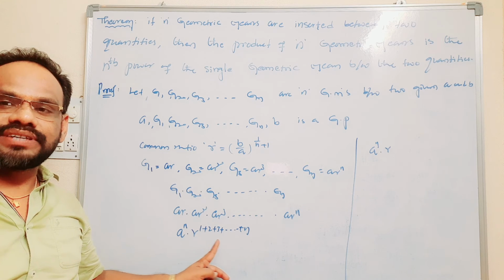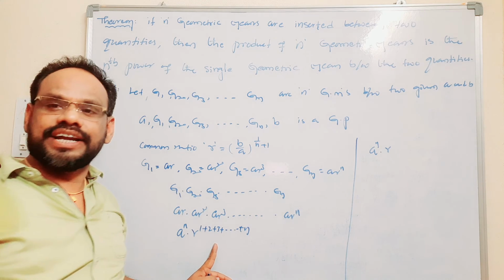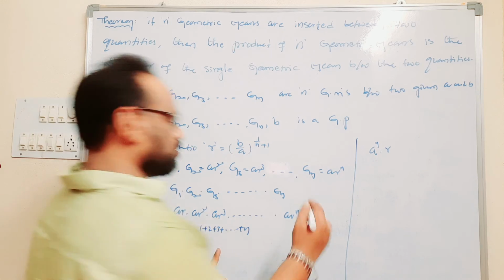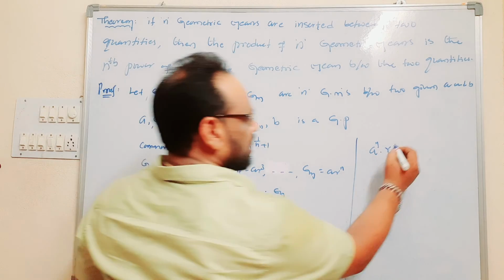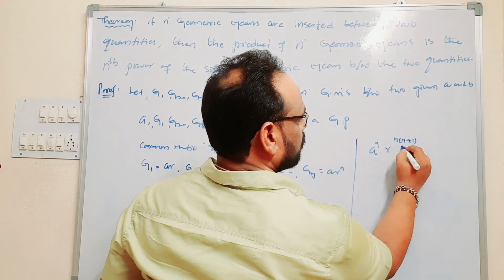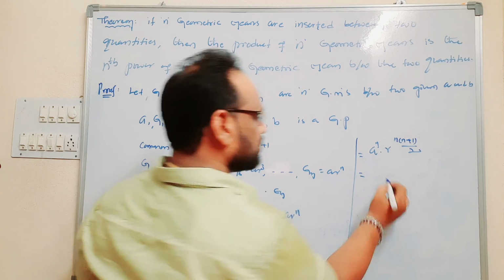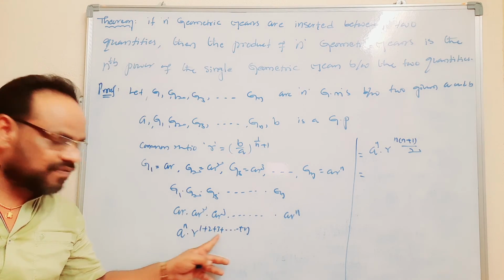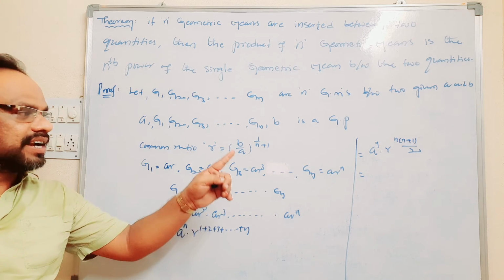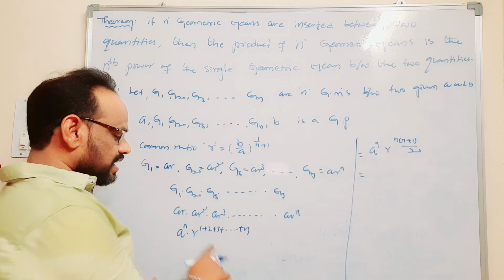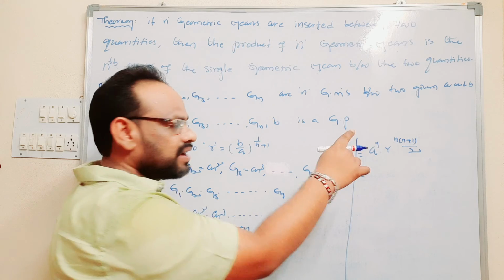The sum of the first n natural numbers formula is n into n plus 1 by 2.